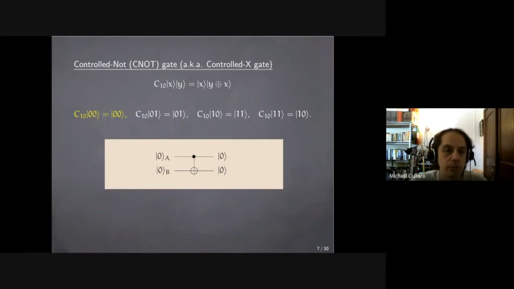Whether the target qubit is 0 or 1, it doesn't matter. It'll stay at 0 or 1. On the other hand, if the control qubit is 1, then we flip the target qubit, right? And so that's why we call it a controlled NOT gate. It's equivalent to this way of thinking about it.